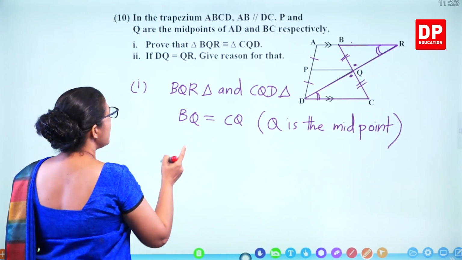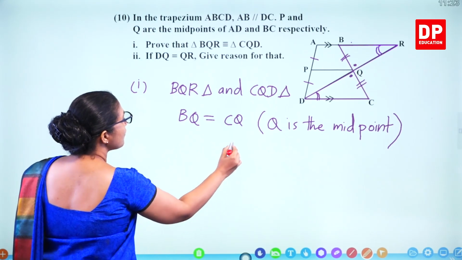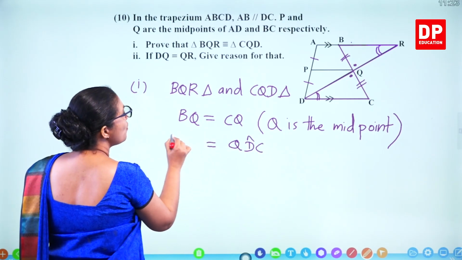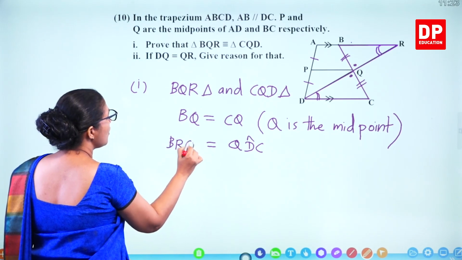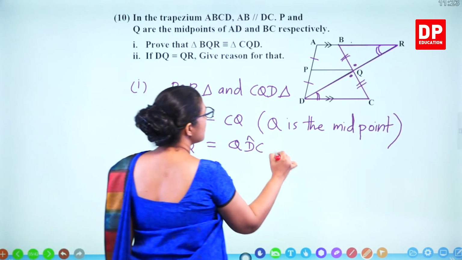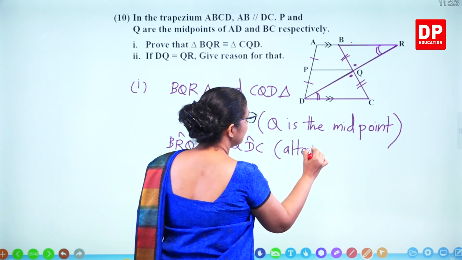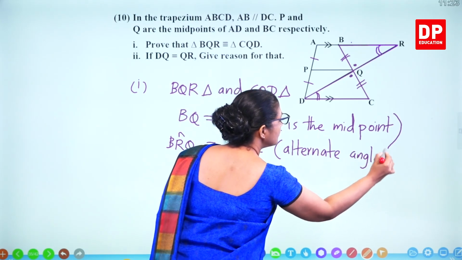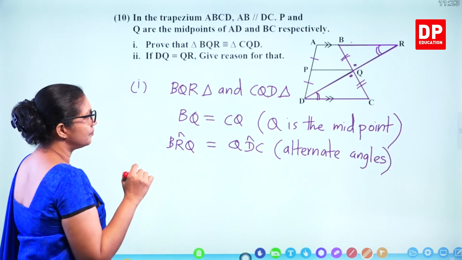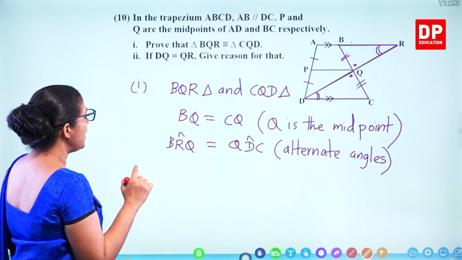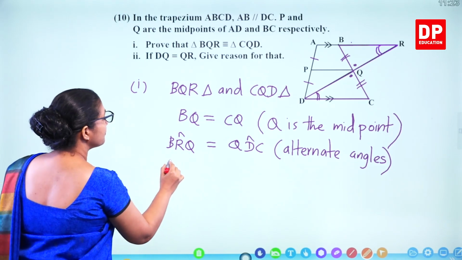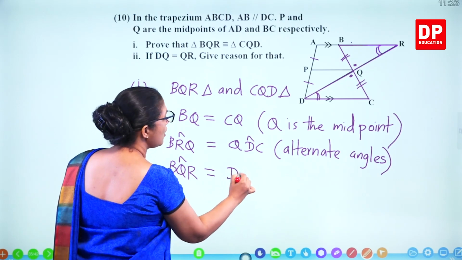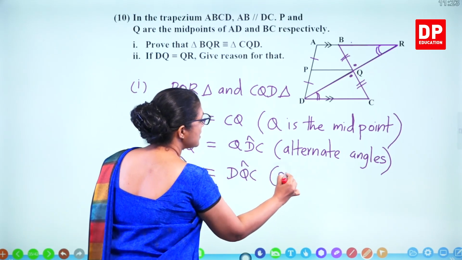So we'll write down QDC angle is equal to BRQ angle. That's alternate angles. And BQR angle is equal to DQC angle, opposite angles.